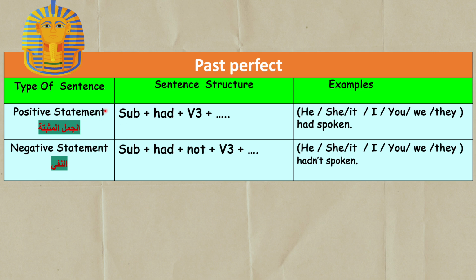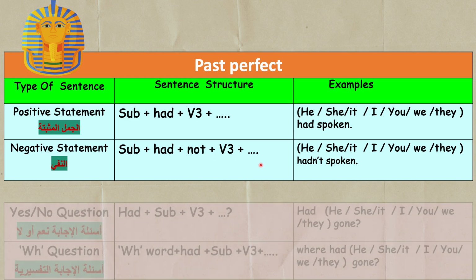Positive statement. We start with subject, had, plus verb 3, past participle, and the rest of the sentence. We use this form with all subjects. To make a negative statement, start with subject plus had not, verb 3, past participle, and the rest of the sentence.